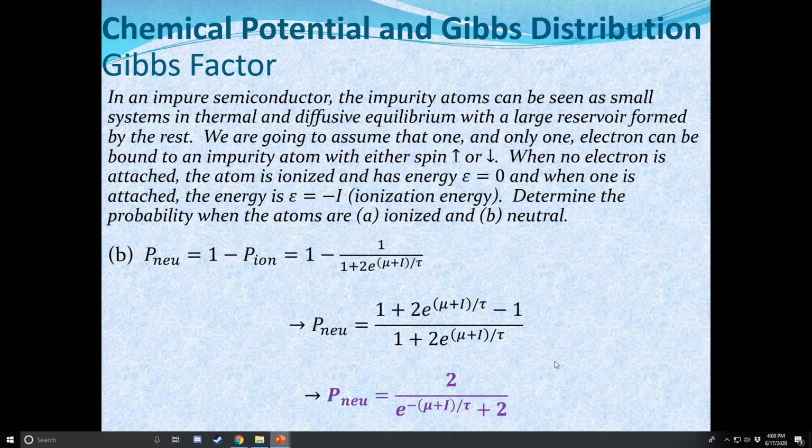So yeah, that's pretty much it. Or what you could have also done, if you wanted to, is the same way as before and said, well, you have the two parts up top. So this part from the Gibbs factor stays, and then divide by the Gibbs sum. But either way, you end up getting this.